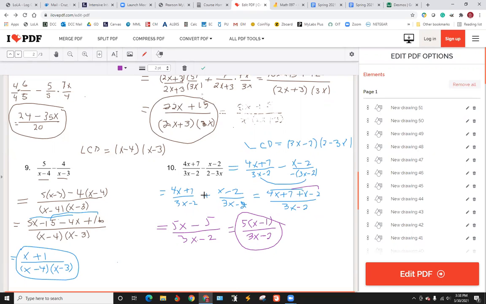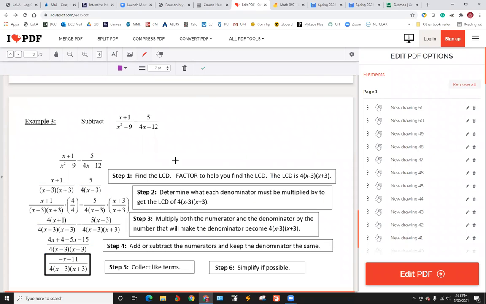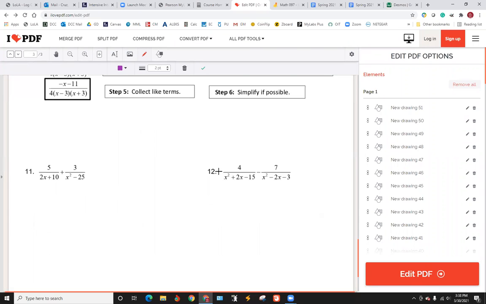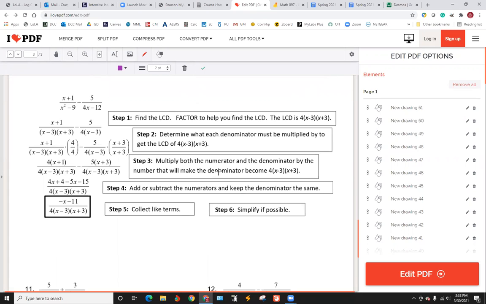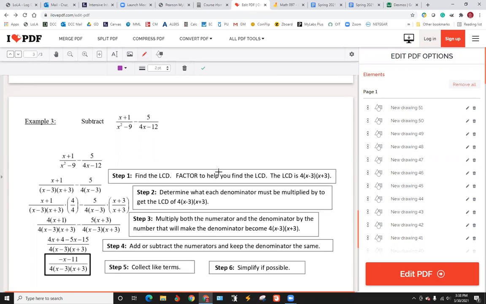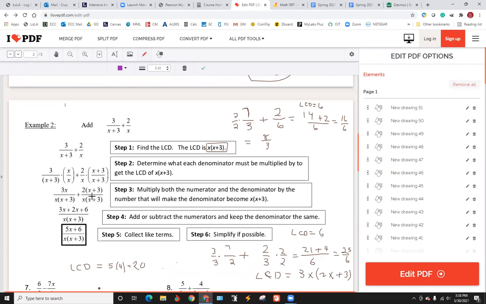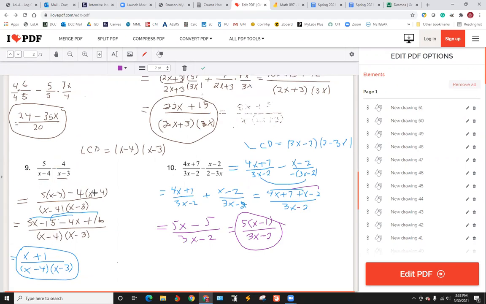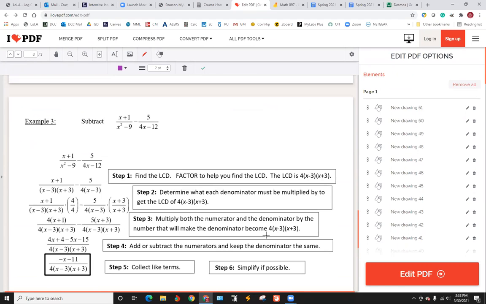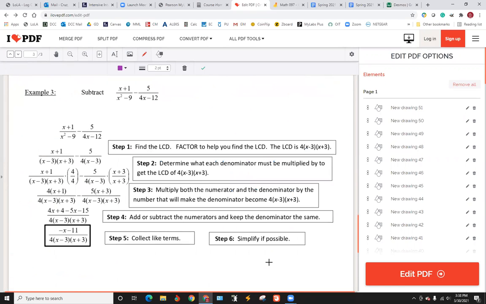There's really only a couple, because these are the most complex ones, because you have to factor these and then determine what the LCD is. These, for the most part, were already factored. So if you have questions, I'll be here for a few minutes, and then I'll see you a little bit later, and we'll finish up.